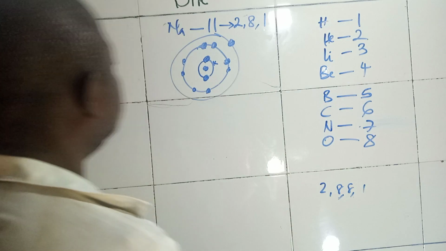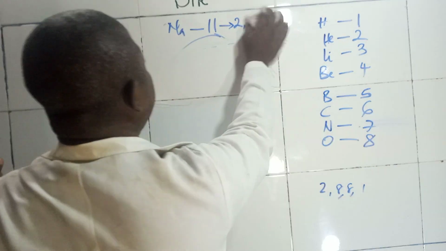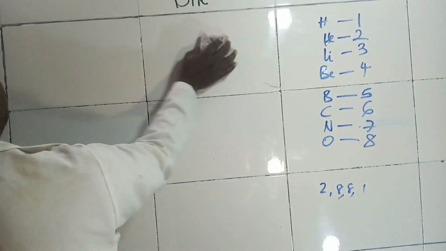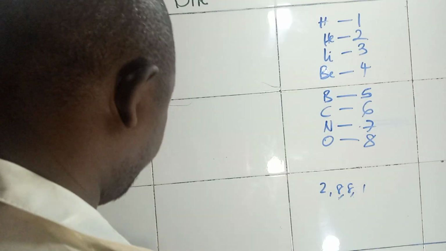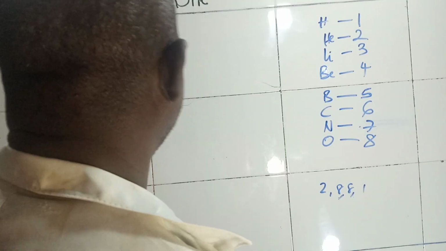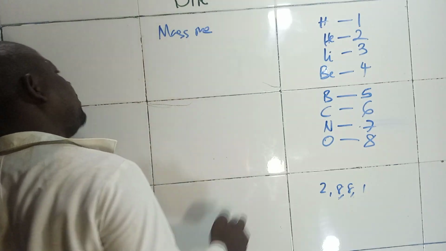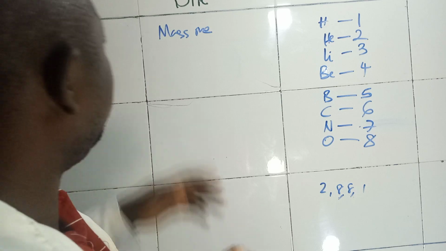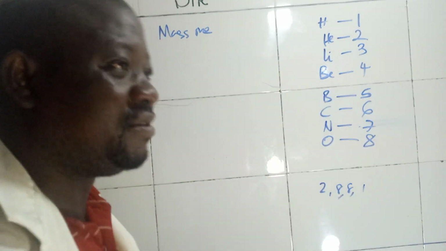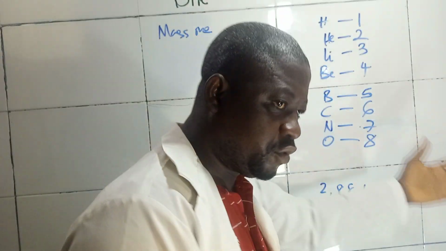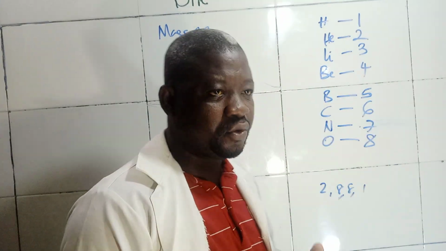So let's now go to the next one. We'll talk about atomic number and mass number. Because we always talk about mass number, what's the atomic number of this? Your atomic number is the number of protons, as I've told us. And where do you find your protons?